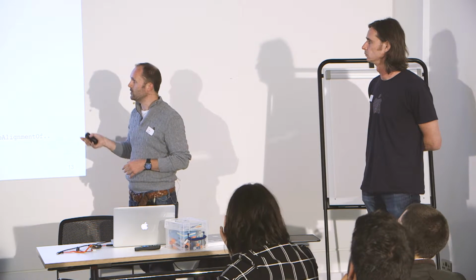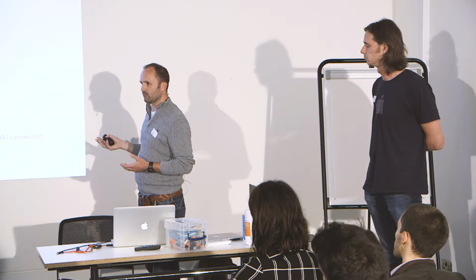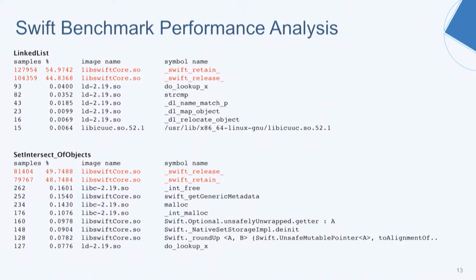But where you're using reference types and you're using them to a large degree, you can have very large reference counting overhead. And we see the same in the set intersect of objects benchmark. Again, very, very high ARC overhead. So this kind of tells you that when they say use value types rather than reference types, it can have a huge effect, particularly for very esoteric, very focused benchmarks.